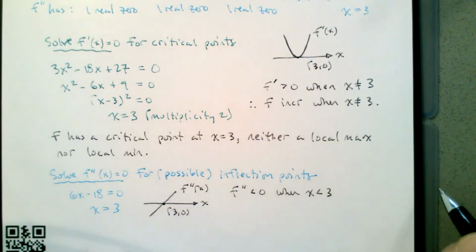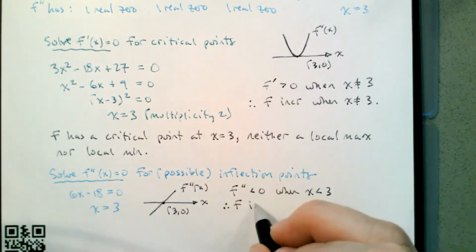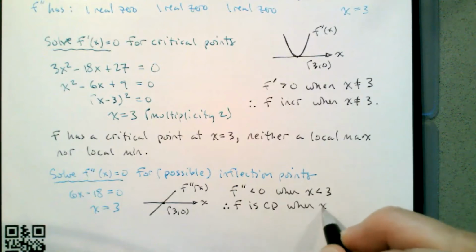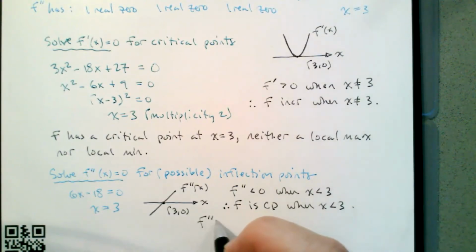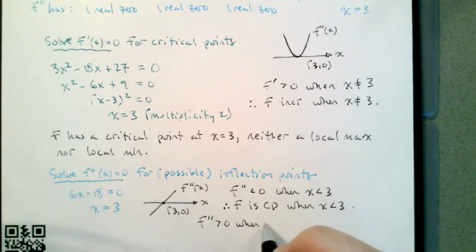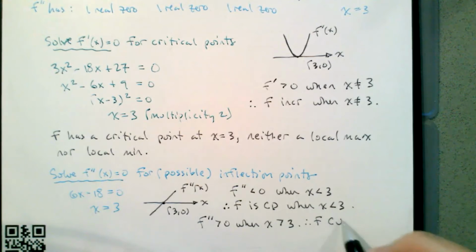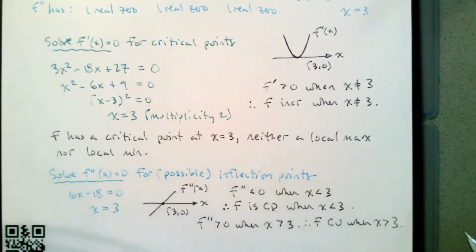Therefore, f is concave down before 3. And f double prime is positive when x is greater than 3. Therefore, f is concave up when x is greater than 3.